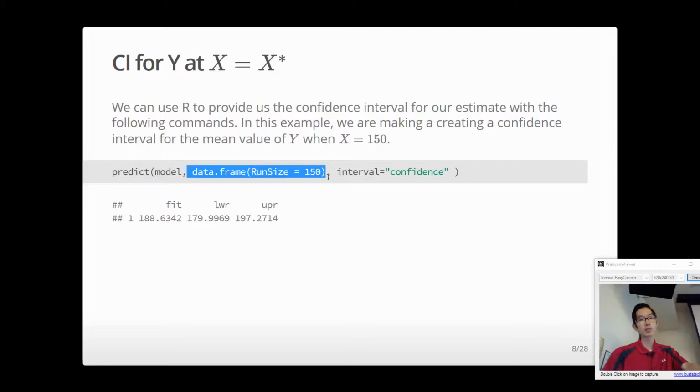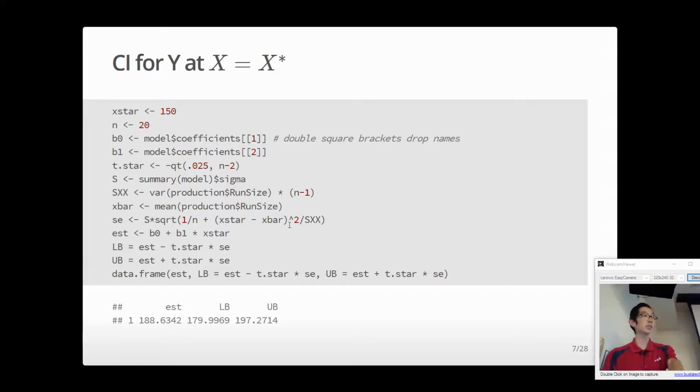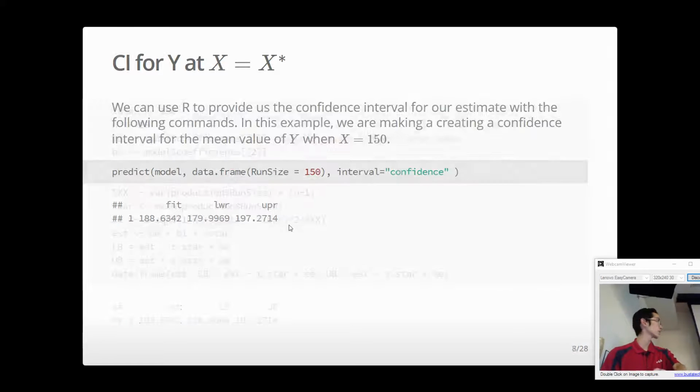So you say data frame, and we want run size equal to 150. And then we say create a confidence interval for this. And ta-da, it does that, which is exactly what we got when we did it by hand. So R does it. That's nice, right?